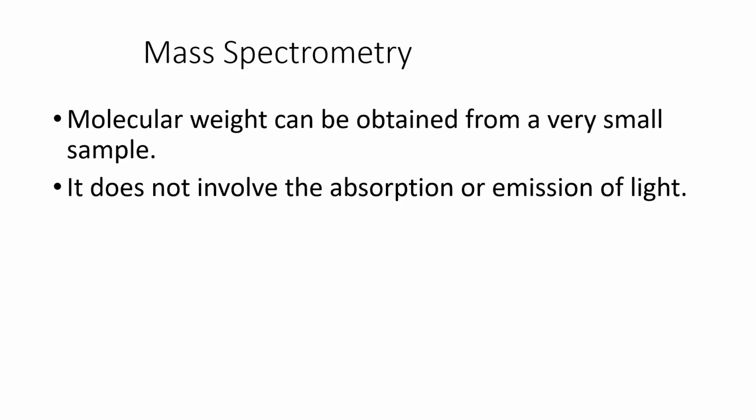But this type of technique has nothing to do with absorption or emission of light, like we were taught in UV visible spectroscopy and infrared spectroscopy. And that is why this is called spectrometry, not spectroscopy.